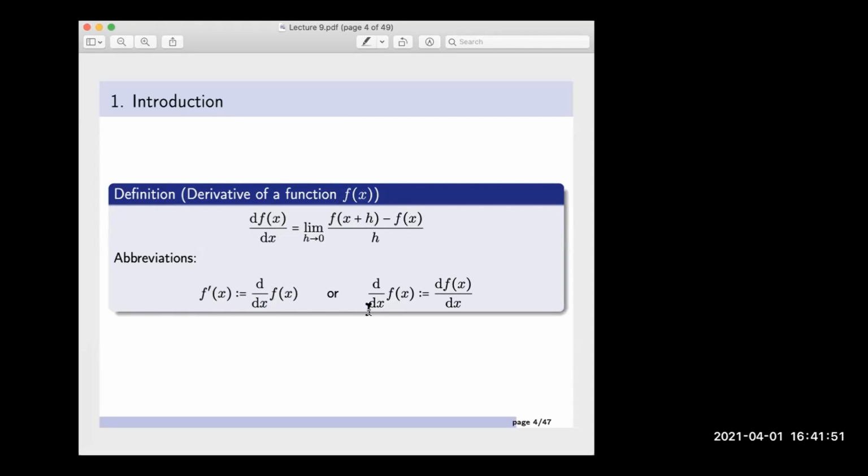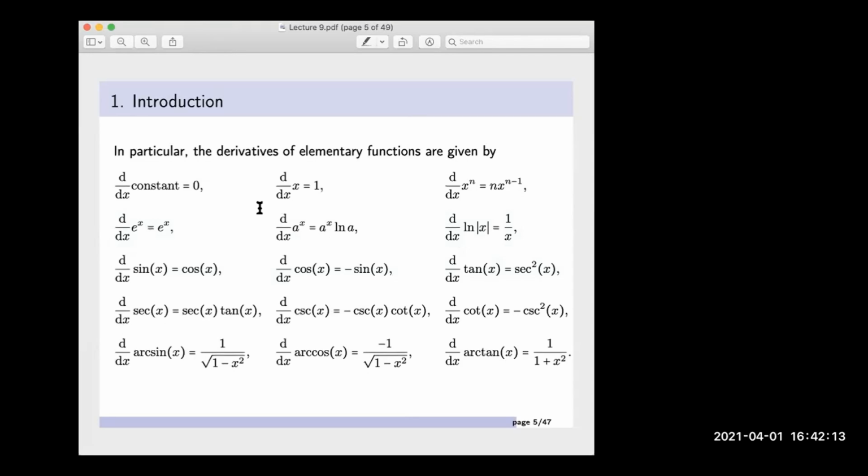The two notations are the same, representing the limit of the rate of change. This is a function of a single variable x. If your function contains multiple variables, not only x, but also x, y, z, for example, then the definition of derivative is more complicated.